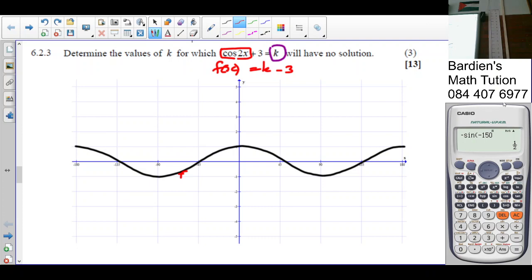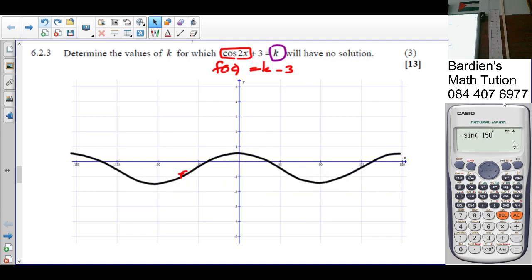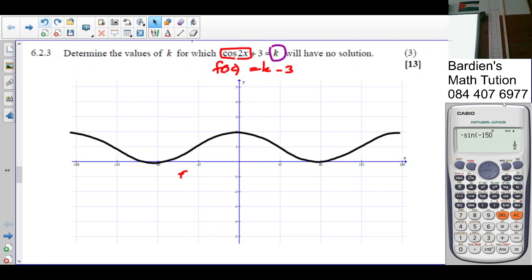So if f of x graph is equal to k minus 3, remember this is a y value. It's a y value. So currently, what do you notice? How many roots are there? Currently, there's more than one root. Not so? As long as this f of x graph has roots here, here, and there.